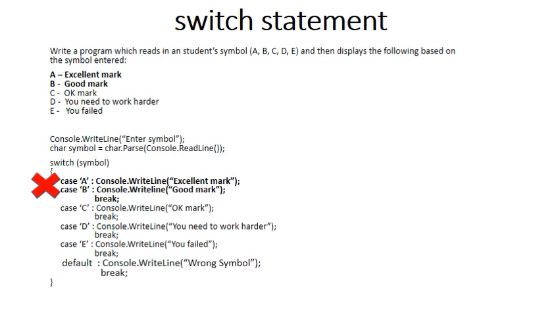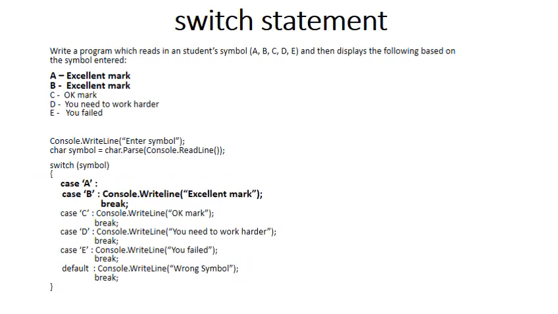Just to repeat, you can't have the user enter an A and the program display excellent mark as well as good mark. The only time where the program would go from one case to the other is when the first case is totally empty.